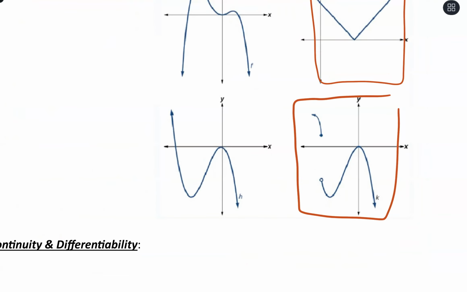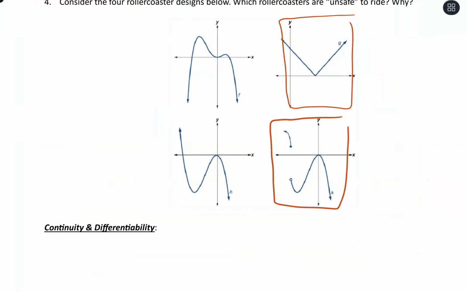So what we're getting at here is the idea of continuity and differentiability. Even though this first function with the sharp edge is continuous, because I can draw it all with just one pen stroke, we want to be careful of those sharp edges.